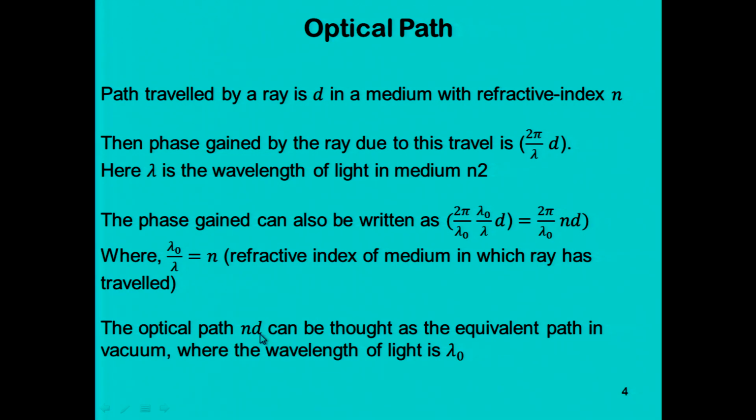The optical path n d is equivalent to the path this ray would travel in vacuum, and if you multiply it with 2 pi by lambda naught, you get the phase difference. So wherever in future discussions I multiply a distance travelled in a medium with the refractive index, that is the optical path, and to get the phase difference, I multiply it by 2 pi by lambda naught. With that, let me come back to the previous discussion.